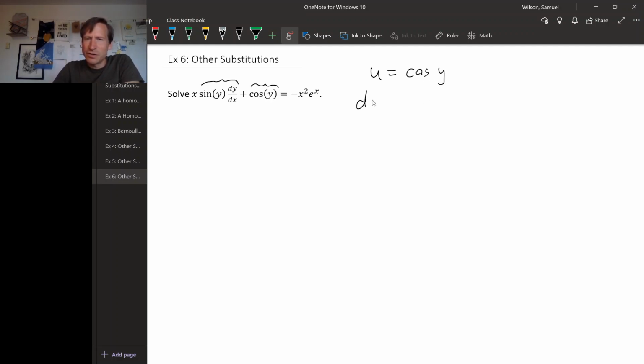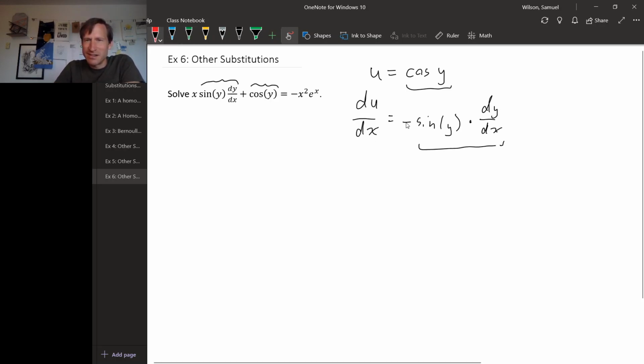With this idea for a substitution, we can differentiate both sides. So du/dx: we get minus sine of y, but then the chain rule says we have to multiply by the derivative of y with respect to x. Sure enough, here's our sine of y times dy/dx. Let's get this minus sign to the other side, because that's how we're going to use it in the substitution.